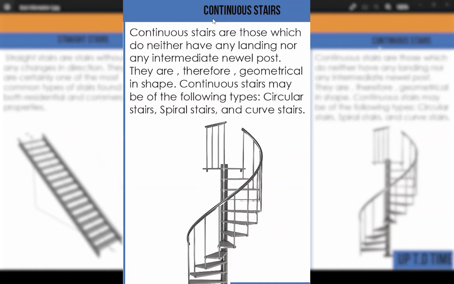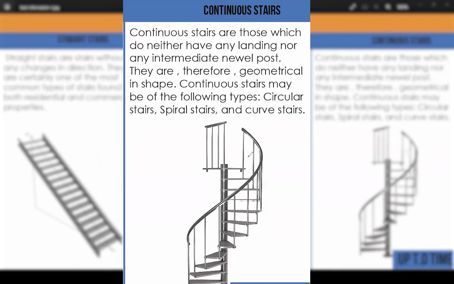Okay, let's move on to continuous stairs. Continuous stairs are those which have neither any landing nor any intermediate newel posts. They are therefore geometrical in shape. Continuous stairs may be of the following types: circular stairs, spiral stairs, and curved stairs.